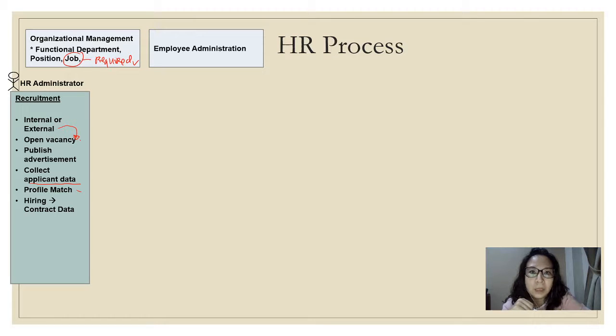It means we don't really need to read the CV or the resume one by one, but the system can run what we call the profile match, whereby later on the system will compare whether the applicant data really has the required skill. For example, let's say we already defined that our job will need a GPA minimum of 3.5.